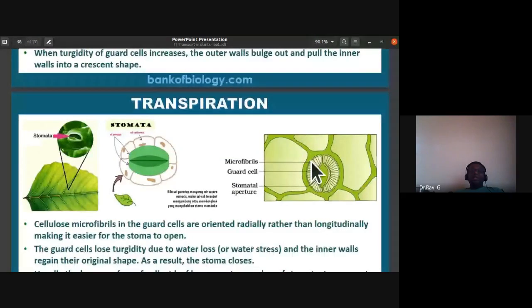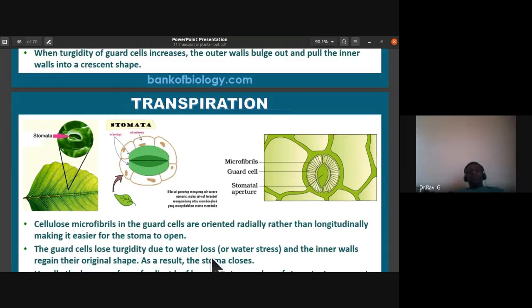So this is because of the turgidity of the guard cell during daytime. The cellulose microfibrils in the guard cells are arranged radially rather than longitudinally. Since they are arranged radially, it becomes easier for the stoma to open. So whenever the turgidity of the guard cells increases, the radially arranged cellulose microfibrils make it easier to open the stoma.